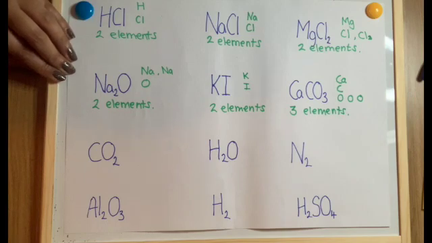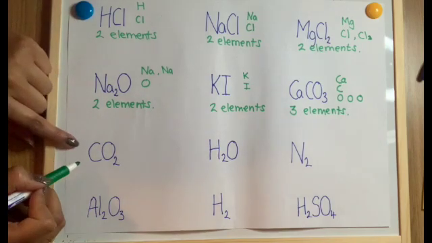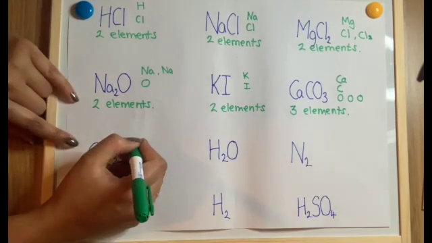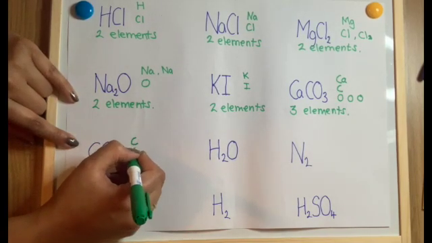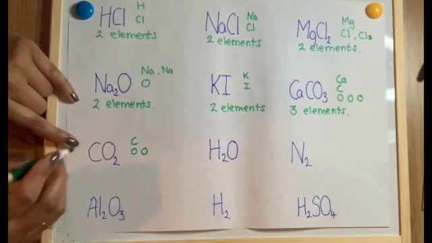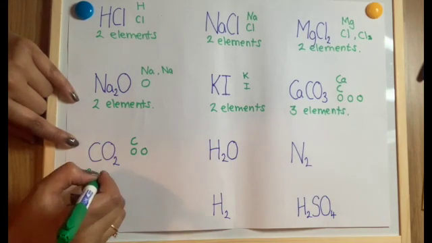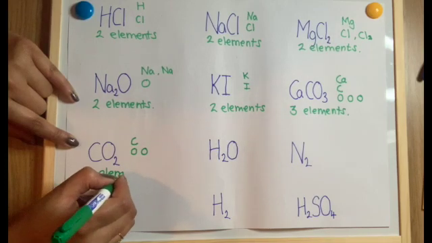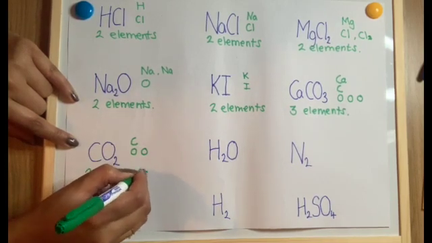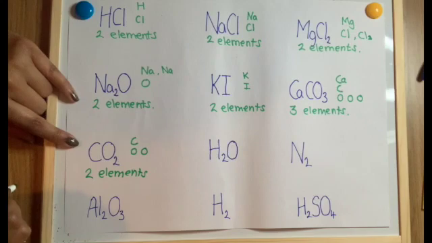Okay. Now, if we look at this one, we have a capital C and 2 capital O's. So again, 2 elements and 3 atoms altogether.